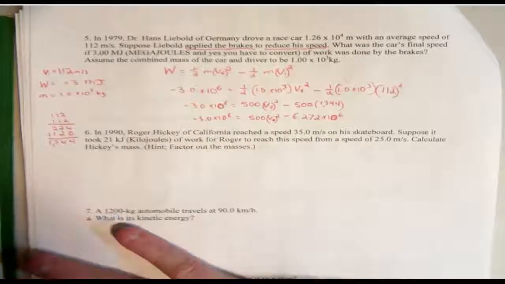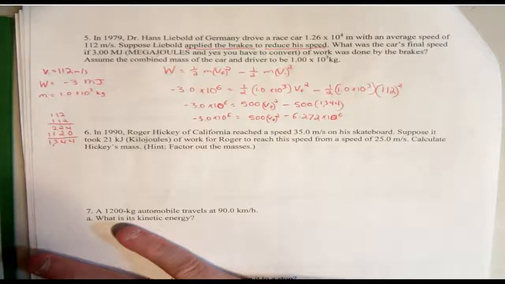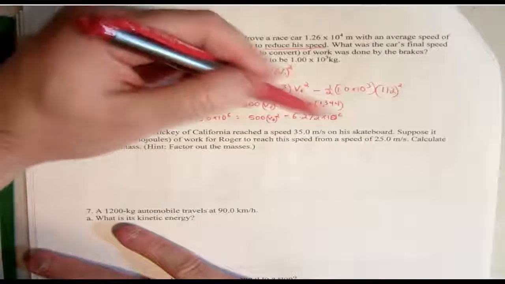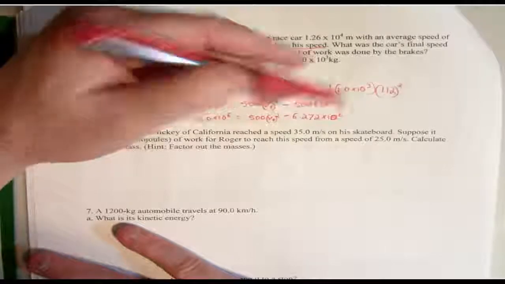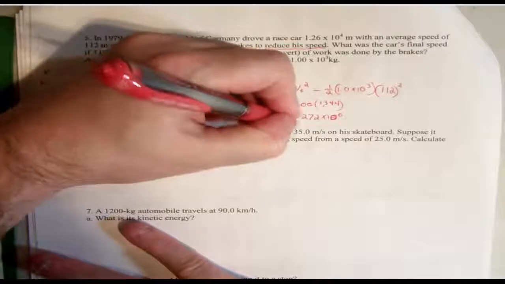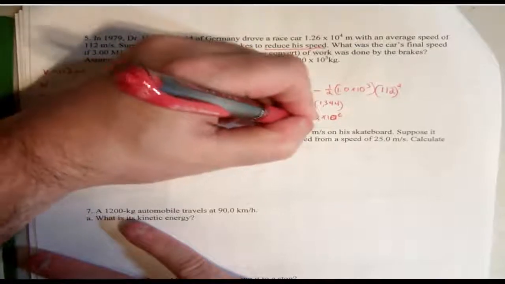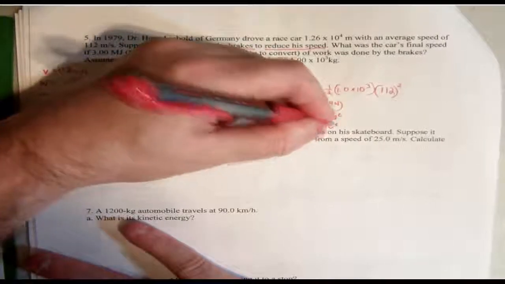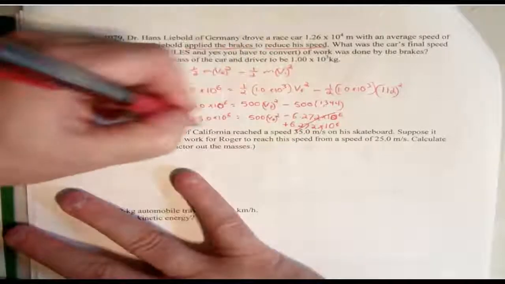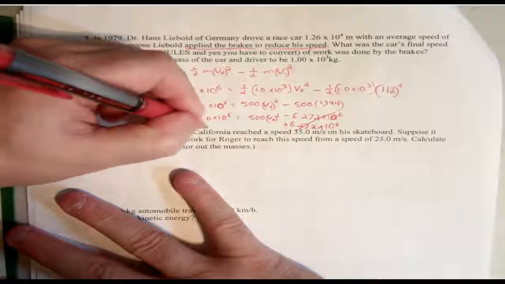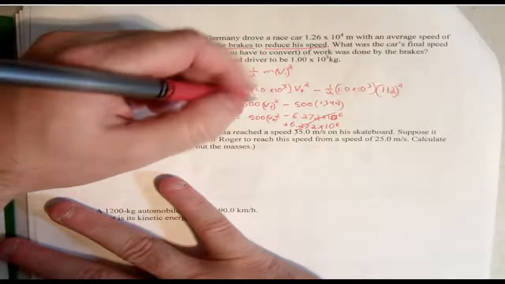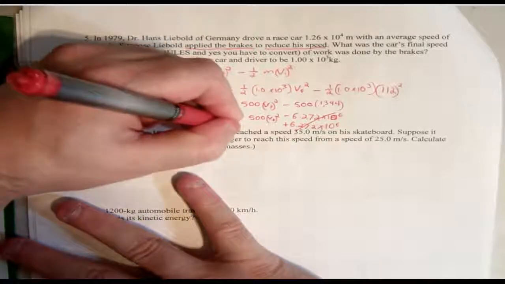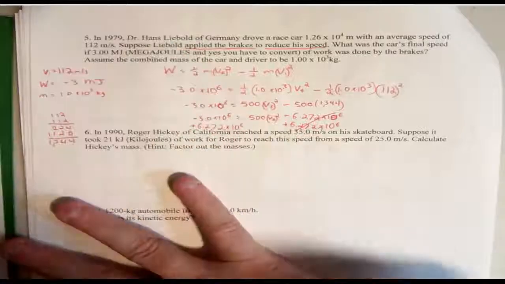Okay, first thing we need to do, this is all broken up. This isn't times some variable, so we can just add 6.272 times 10 to the 6 to both sides. So we can combine that up.